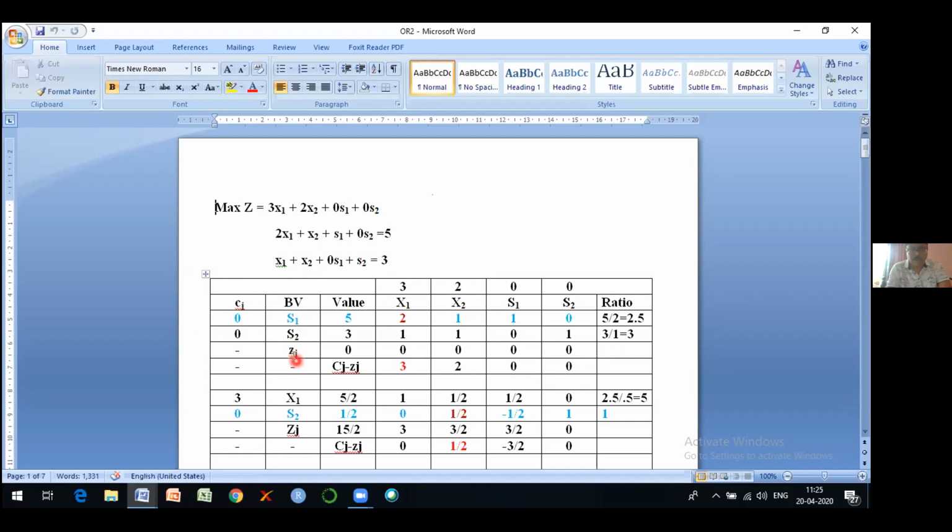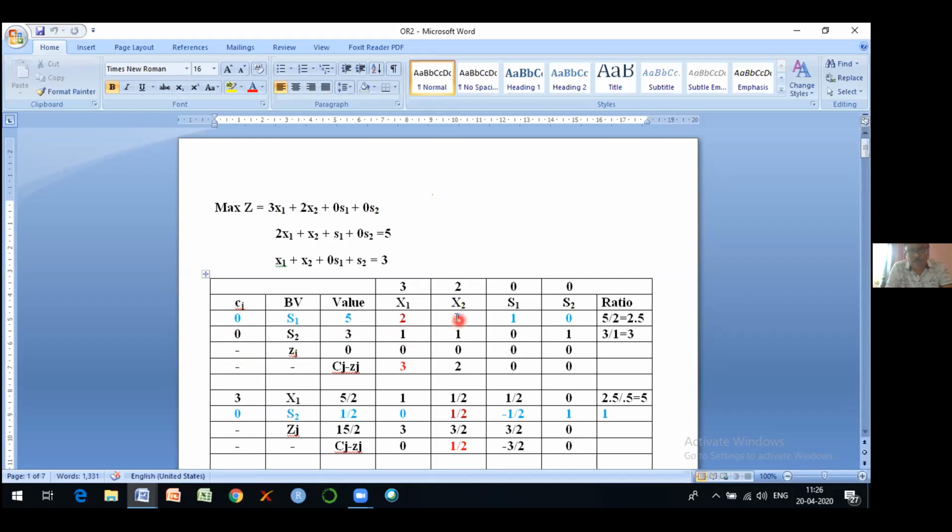Now we will write Zj. Here we'll write Zj, not here. We'll write Zj in this position. Now, how is this Zj calculated? Zj is calculated by a simple rule. 5 into 0 plus 3 into 0. What is the figure? 0. That's why we have written 0. Again, 2 into 0 plus 1 into 0, 0.